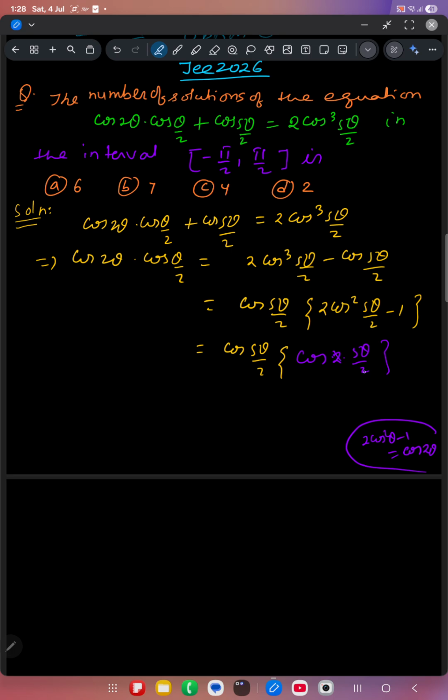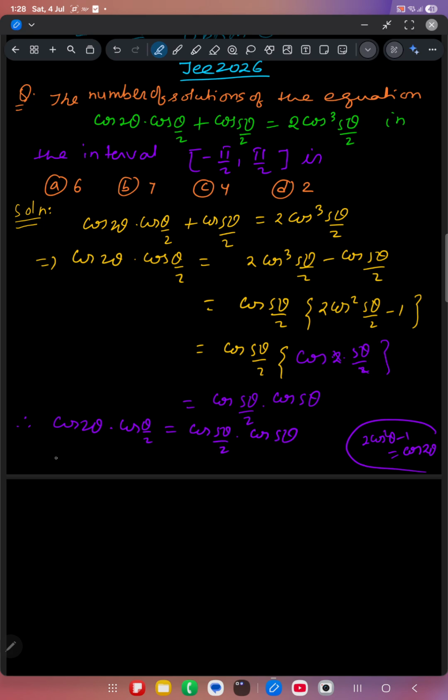There is nothing new in this. These 2 will cancel. So we will get cos 5θ/2 into cos 5θ. Therefore, now we will make it together again: cos 2θ into cos θ/2 is equal to cos 5θ/2 into cos 5θ.